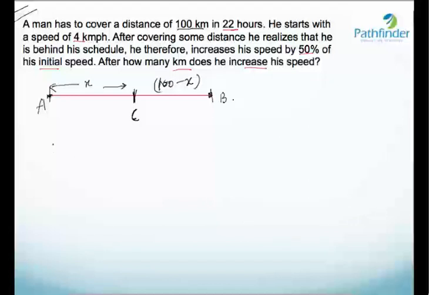The total time again is 22 hours, and this time is again broken into two segments. Segment 1 represents a speed of 4 km per hour, and segment 2 represents a 50% increase over this speed, and therefore this will be 6 km per hour.